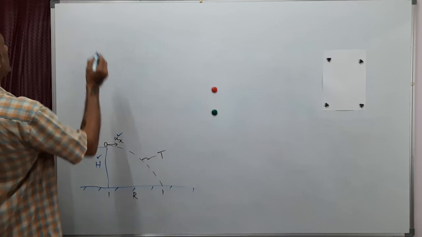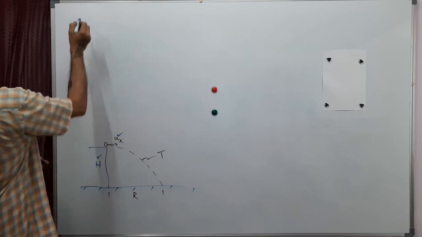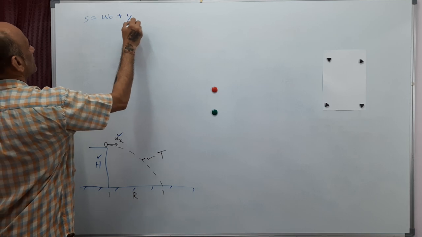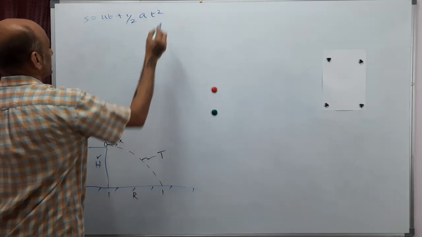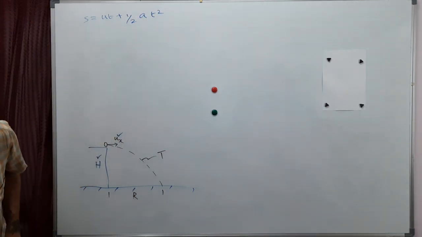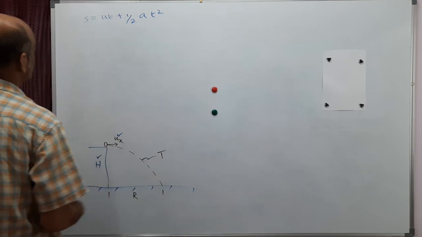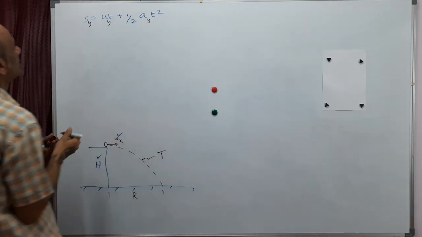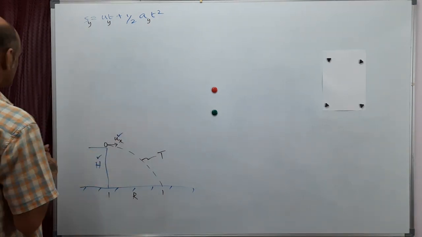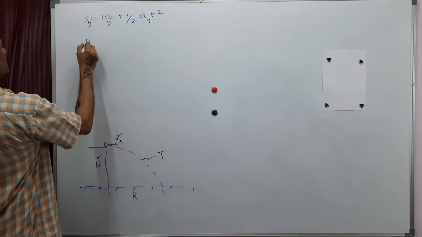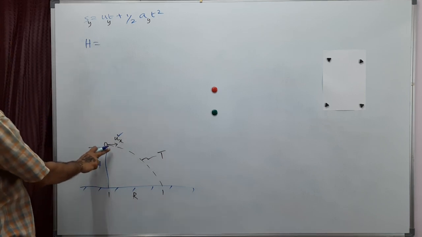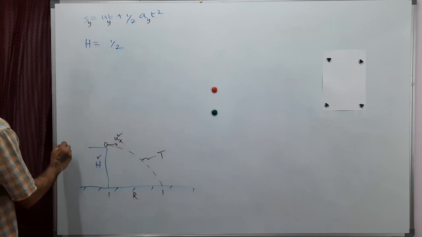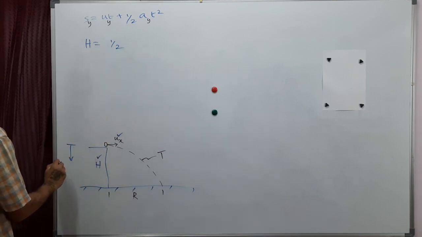To calculate the time of flight, we will use this vertical motion, s is equal to ut plus half at square, between this point and this point. So between these 2 points, the displacement is the initial height h and initial uy is 0, half, and we will take the downward direction as positive for this particular motion.